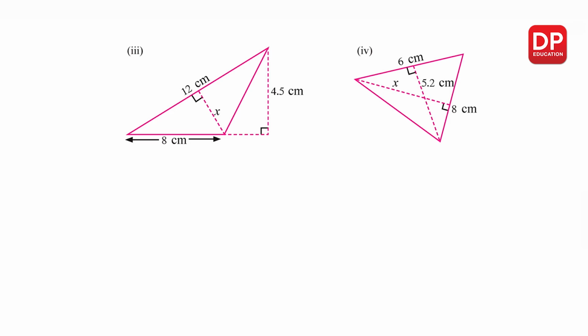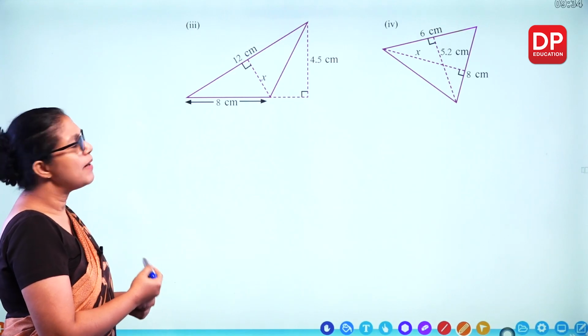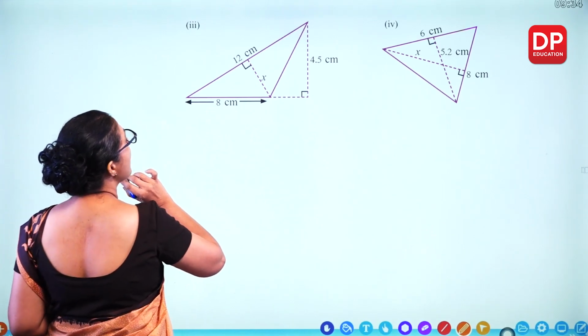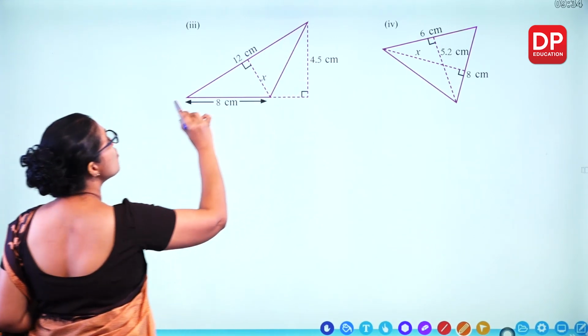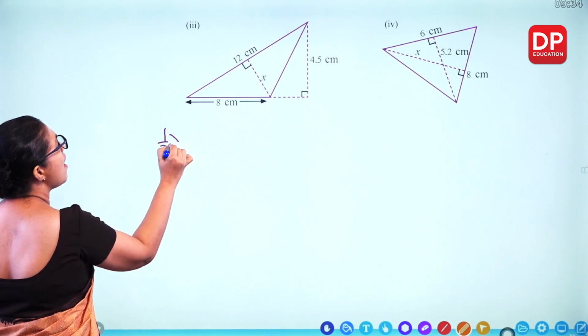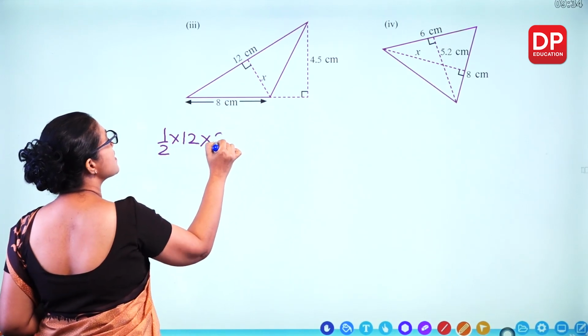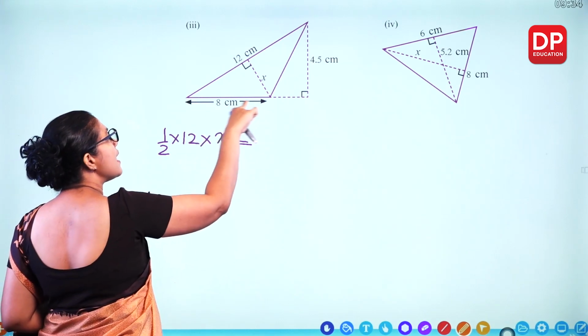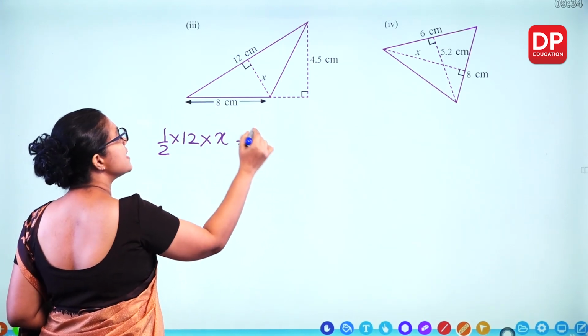This one, same method. We can equate the areas. Area of the triangle, if you take this 12 as the base, half into 12 into x. X is the perpendicular height. That's same as the area of the triangle with the base 8.